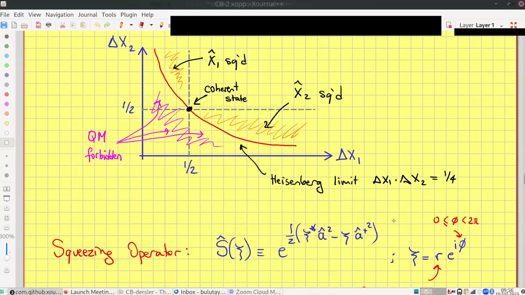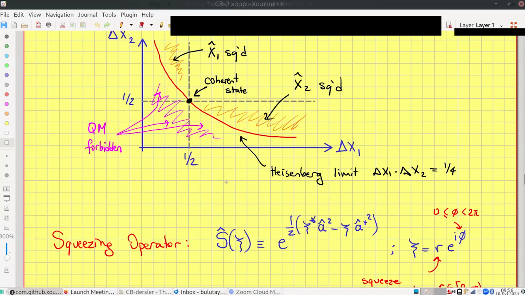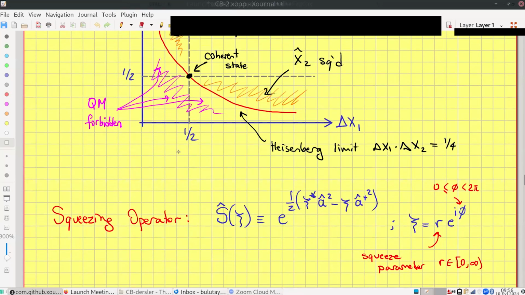How do you do this squeezing? Is this operator. This is the squeezing operator, and it looks like a monster, but you should be psychologically prepared. Any useful object in quantum mechanics is some e to the power of something.